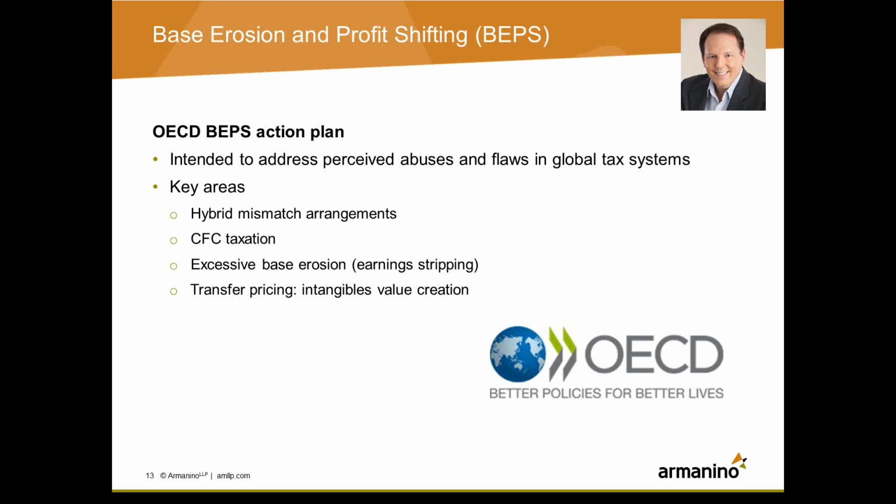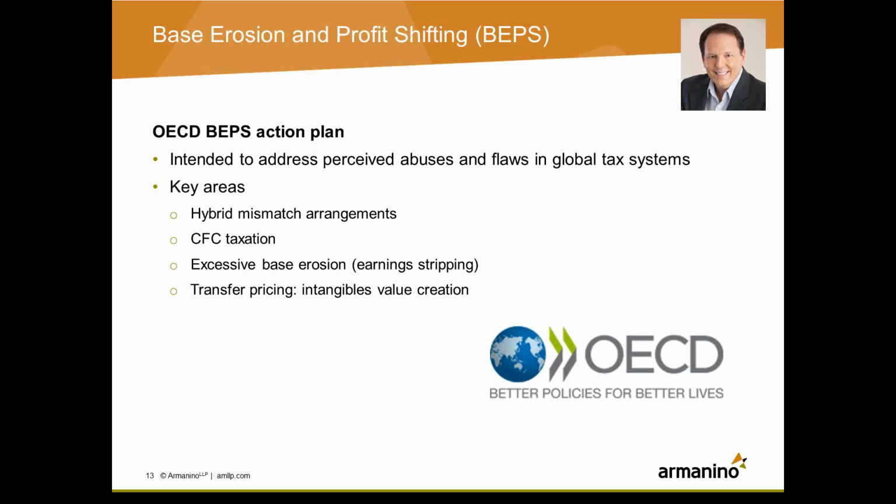But many foreign countries look at the LLC legislation and they view it as having more corporate characteristics than a flow-through entity. So many foreign tax systems view the U.S. LLC as a U.S. corporation and not a flow-through entity. And so that creates this mismatch. You have a different view of the same legal entity by two different jurisdictions.